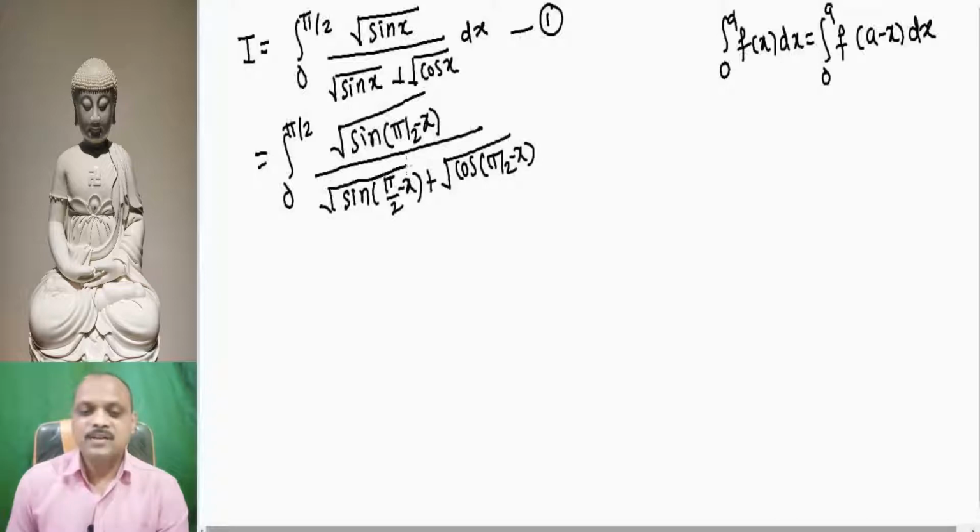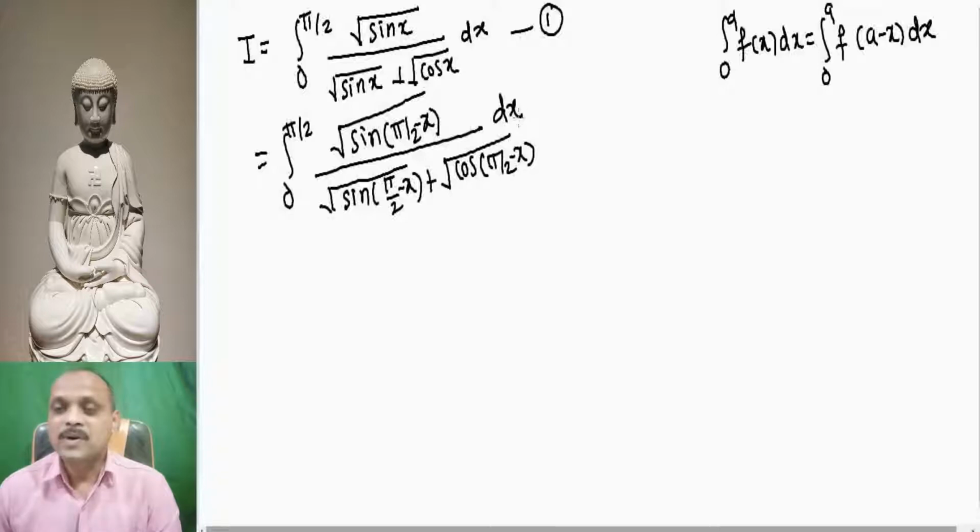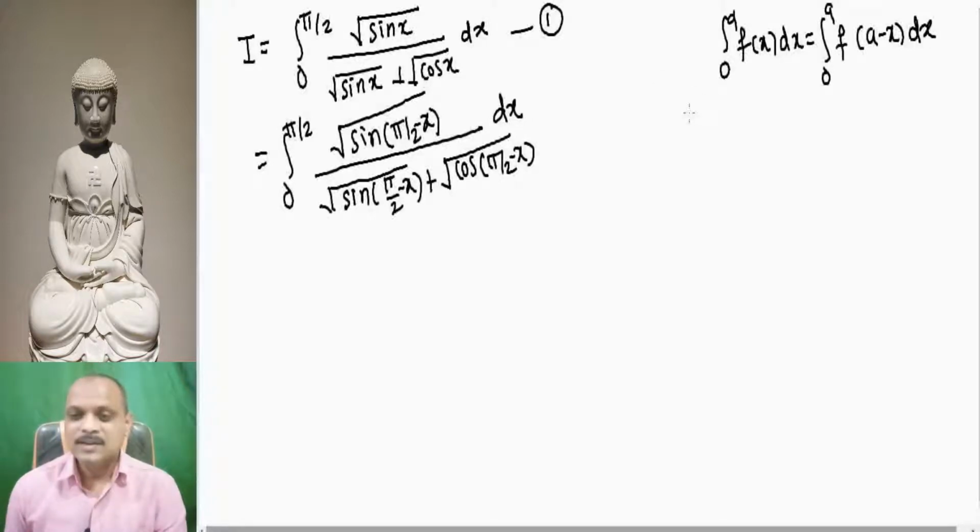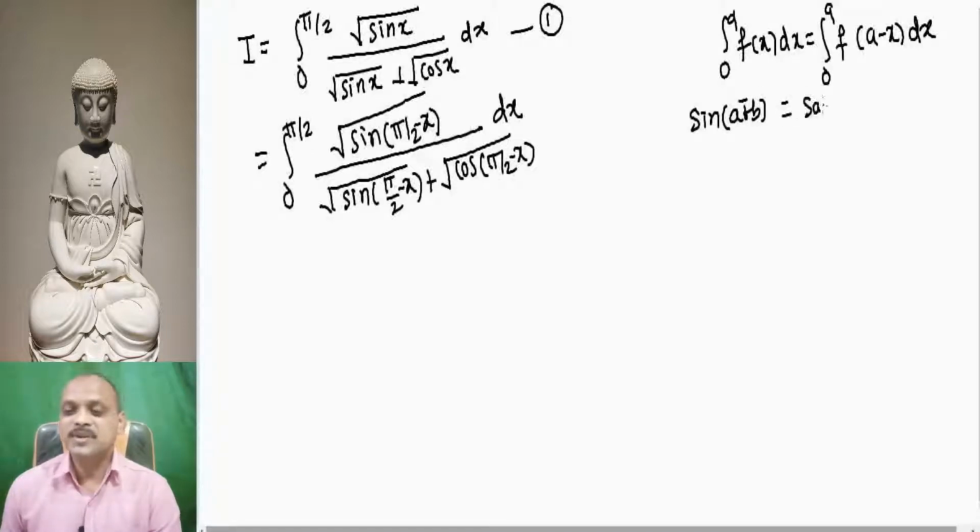Now friend, you should know what sin of (pi by 2 minus x) and cos of (pi by 2 minus x) are. If you don't know, then you can apply sin(a plus b) or sin(a minus b). We require here sin(a minus b), which is equal to sin a cos b minus cos a sin b.